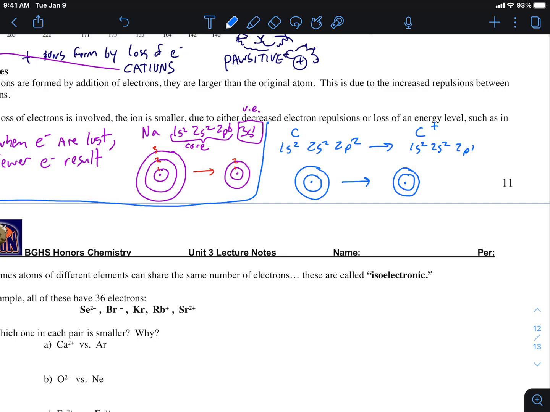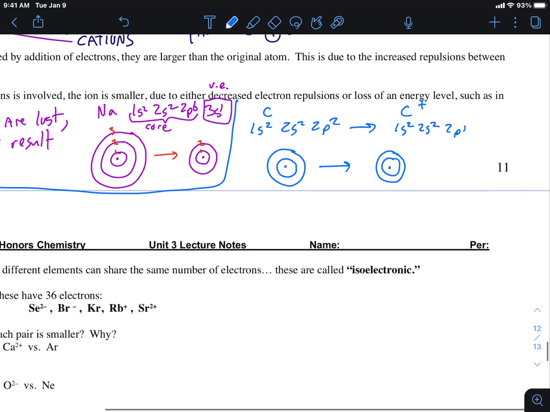So it doesn't lose a level, it still has two, but the difference is when you have fewer electrons, you have fewer repulsions taking place. And if you have fewer repulsions, the electrons don't need to take up as much space as they did.